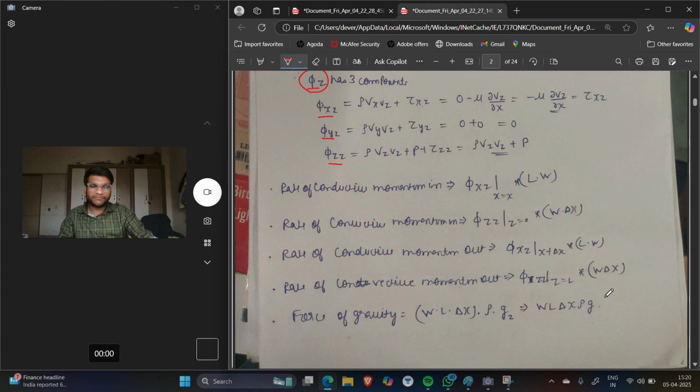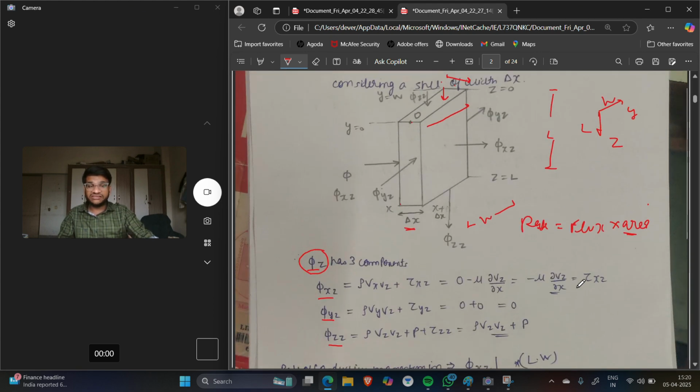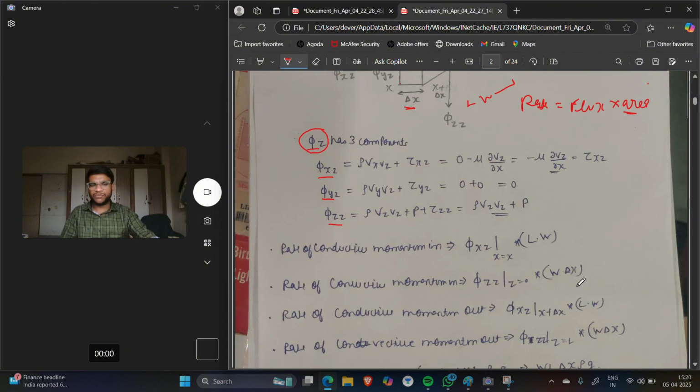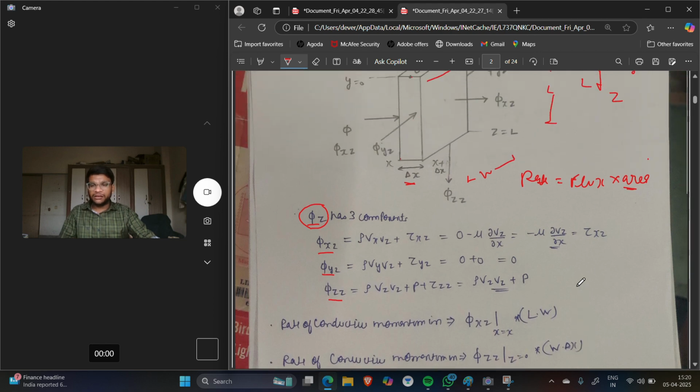Now in that balance, if there are any other forces acting on the body, they need to be considered. As we are considering the z momentum, and in the z direction gravity is acting, it is an external force for our system. How much force is acting? Gravitational force is mass into acceleration.